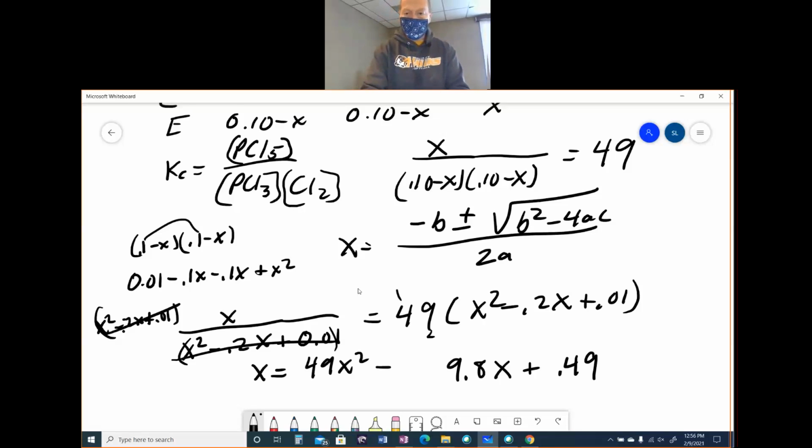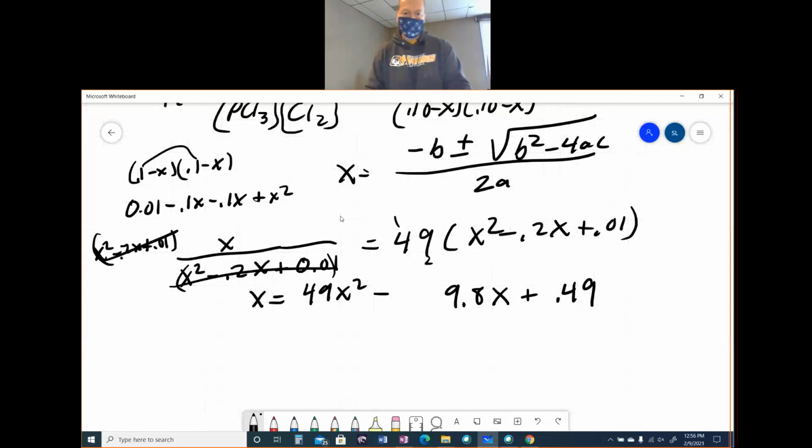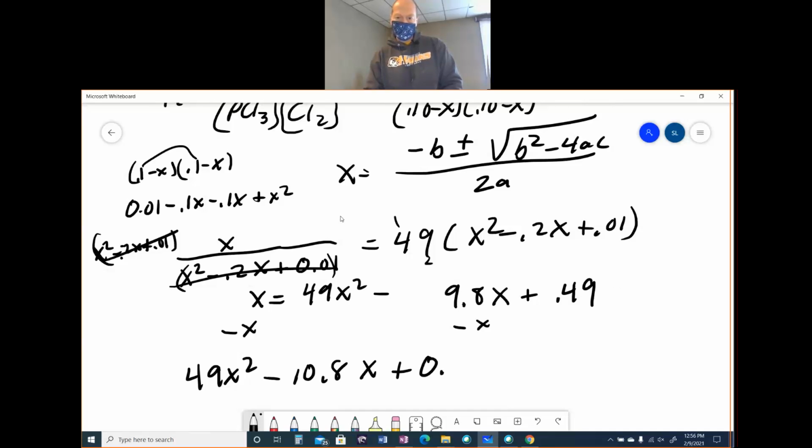Then finally, you have to subtract x from both sides to get that side equal to 0. And so you have 49x squared minus 10.8x plus 0.49 is equal to 0. You have your A, your B, and your C.